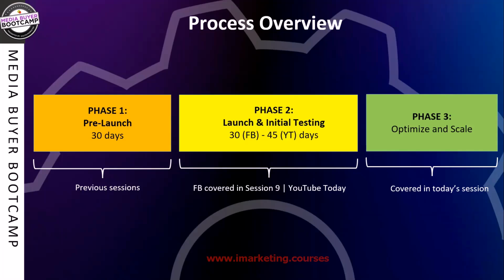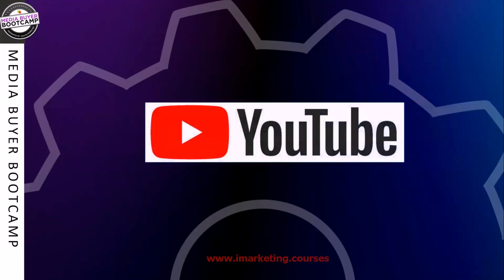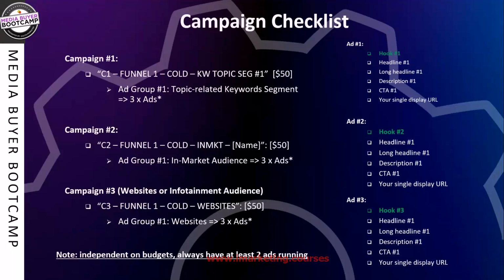Okay, so with that said, let's go straight into YouTube, because we covered Facebook last time. Remember, if you cast yourself back to this time last week, we were talking about how you set up your campaign. So you've got 3 campaigns, $50 apiece. There are your segments, and then you create 3 ads within a single ad group.